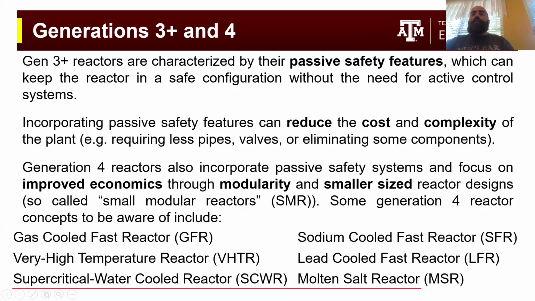So when we talk about Gen 3 reactors, they're characterized mostly by the use of passive safety features. Passive safety allows for the reactor to be made safe and to maintain a safe configuration without the need of active control systems or active power to make certain components run.